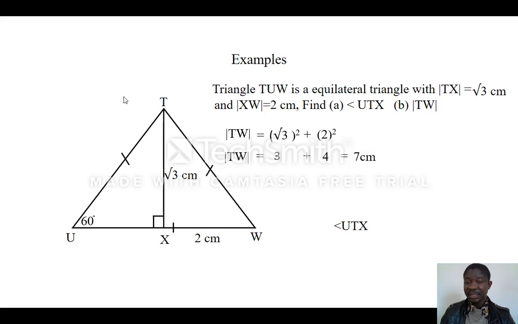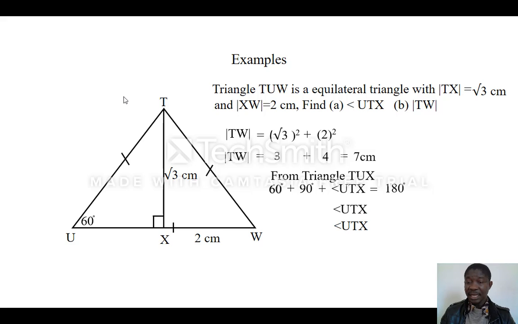Then again, since this is an equilateral triangle, the angle in triangle TUX, angle TUX, is 60 degrees. Therefore, 60 plus 90 plus the angle UTX should be equal to 180.